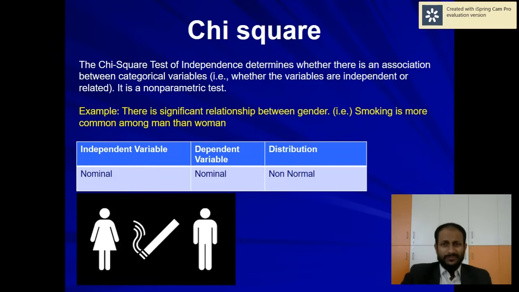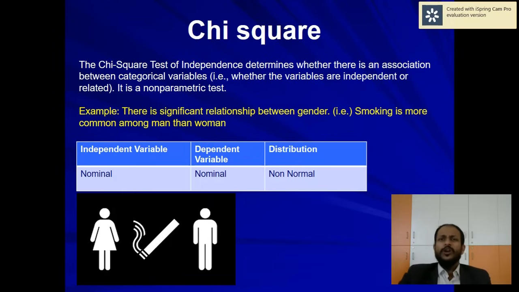Let's say that you want to study the relationship between gender and smoking, and you think that smoking is more common among men than women. So how do you do that? You ask two questions: please indicate your gender, and whether you smoke or not.